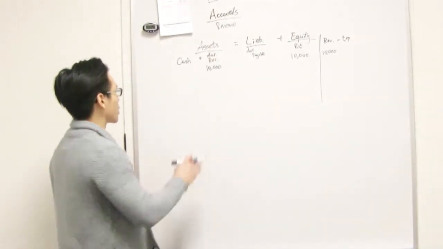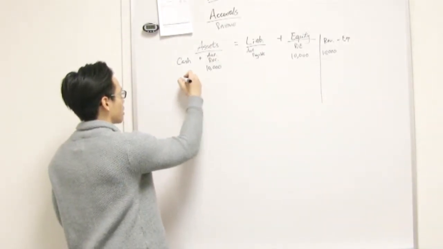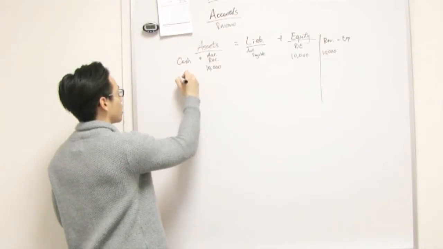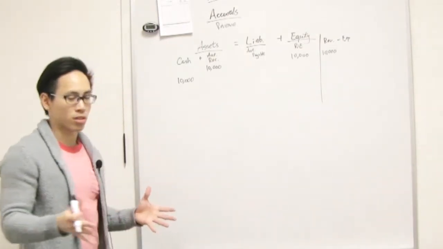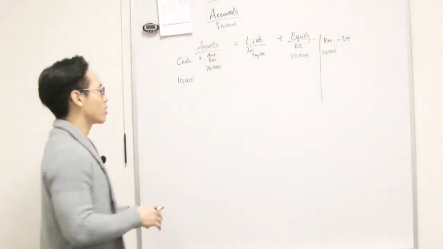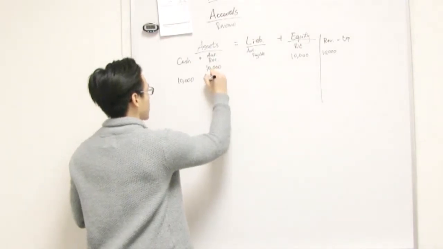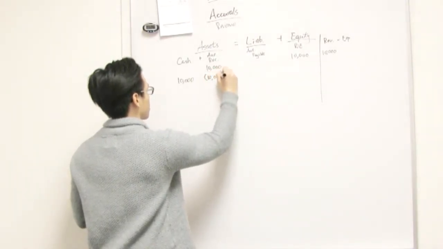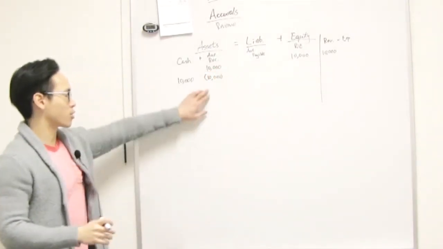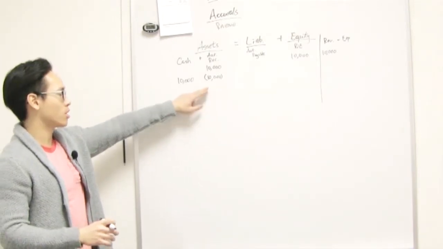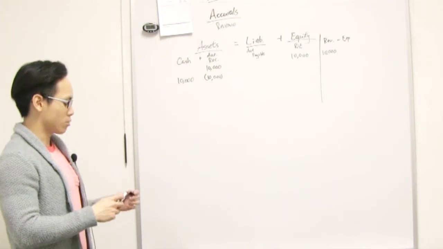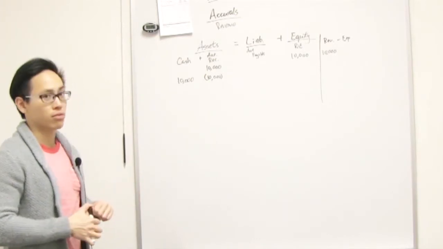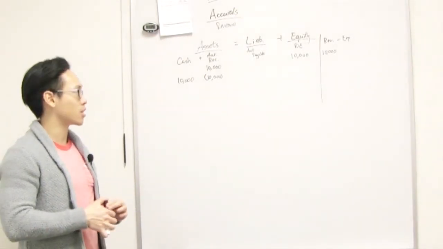And so because you received cash from customers, when you adjust entries, you increase cash by $10,000, assuming that you collected all the cash that you need to collect within the year. And then you would decrease account receivables by $10,000 because those customers don't owe you money anymore. So account receivable will go down by the same amount. So this is what happened when you adjust entries for accrued revenue at the end of the year.